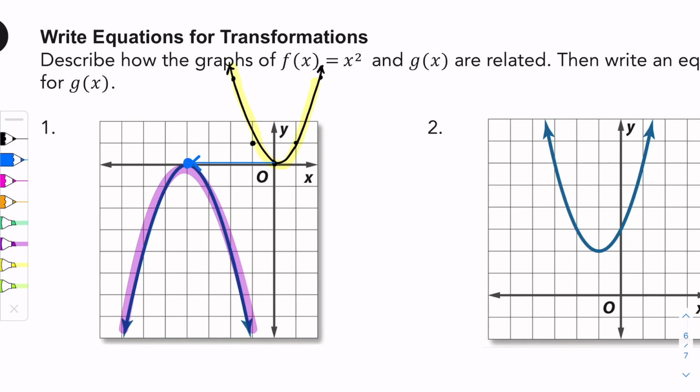So that means we shifted left 4 units. And then I recognize that once it shifted left 4 units, it would be right here somewhere. That graph flipped over the x-axis. So then we reflect it across the x-axis.